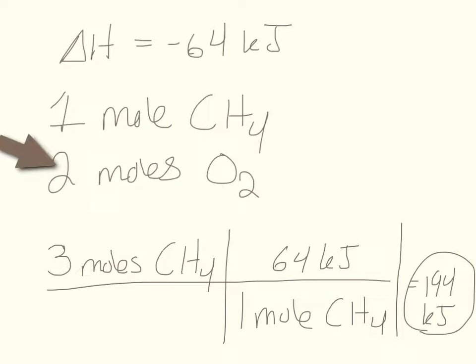A little disclaimer here: I chose 64 kilojoules. That is not the actual amount of energy released for this particular chemical reaction, but you can look up the amount of heat released when methane is combusted.